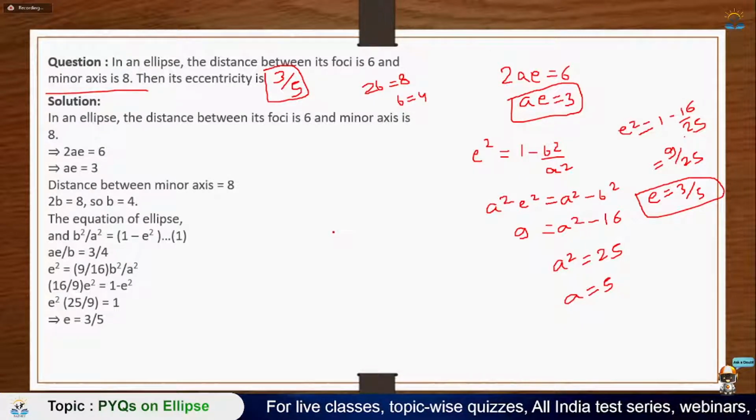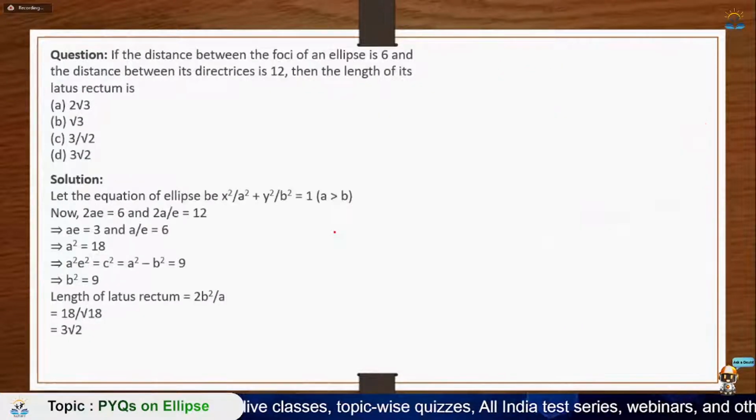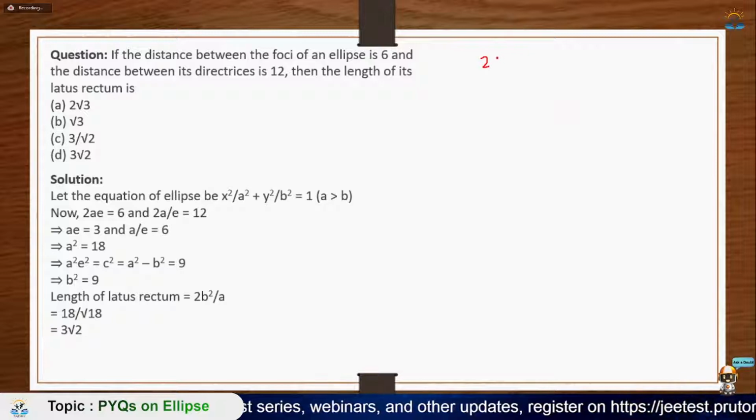Okay. So let's move ahead. So in this question, if the distance between the foci of an ellipse is 6, so again मेरे को दिया हुआ है क्या? 2AE, 2 times AE is equal to 6.